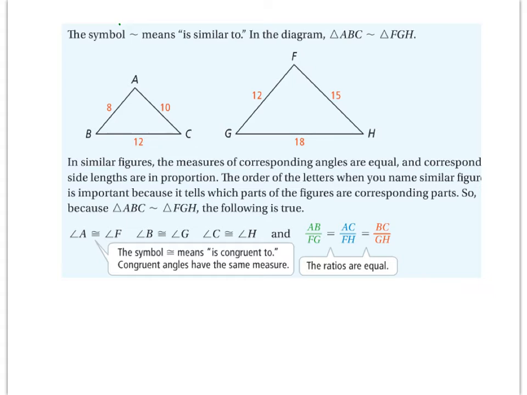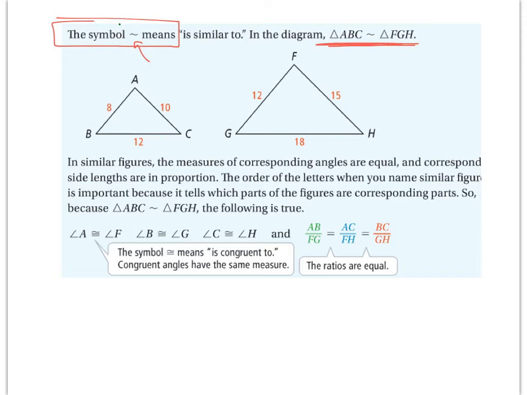Okay, in math, whenever you see this little squiggly symbol right here, that symbol means similar to. So we would read this statement right here as the triangle ABC is similar to triangle FGH.